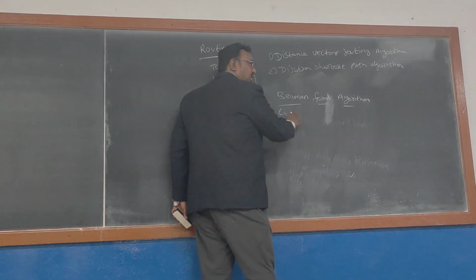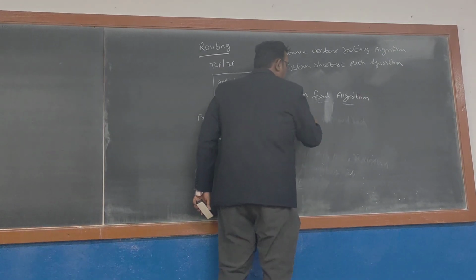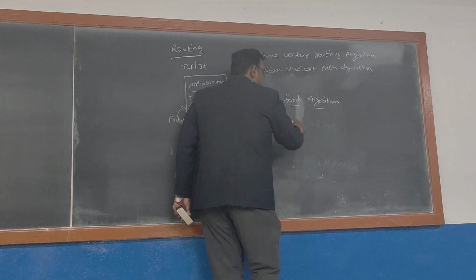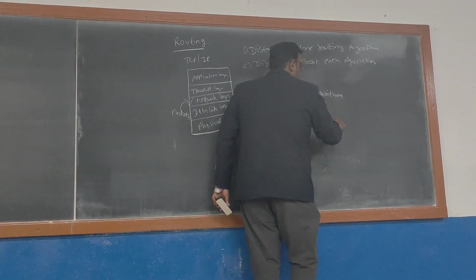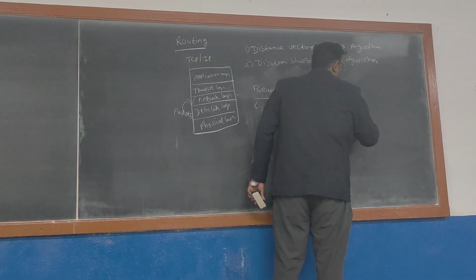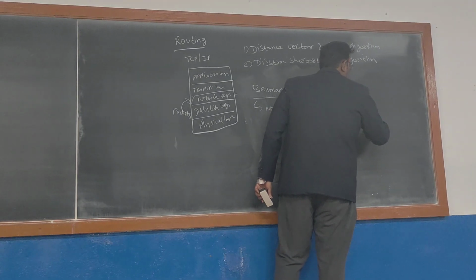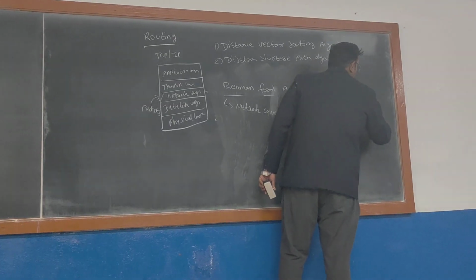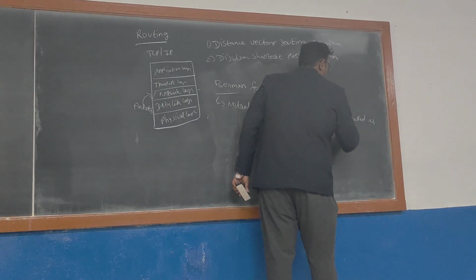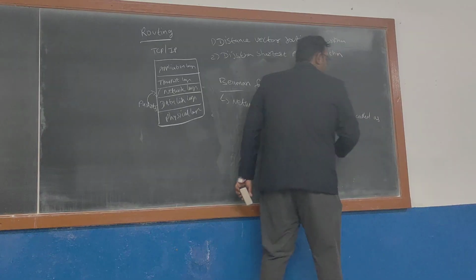So in the Bellman-Ford algorithm, the network is converted into a tree-like structure called a graph.